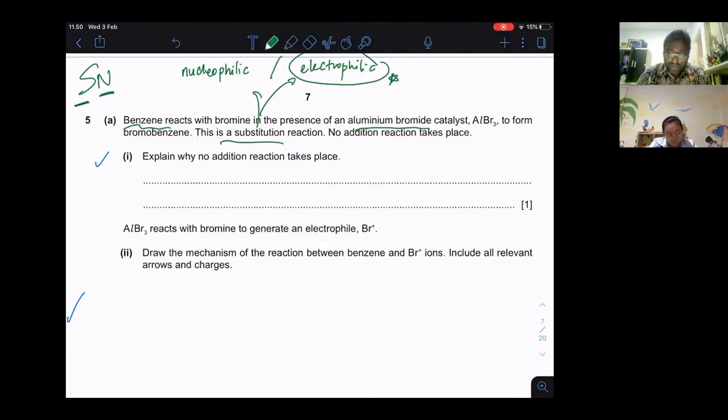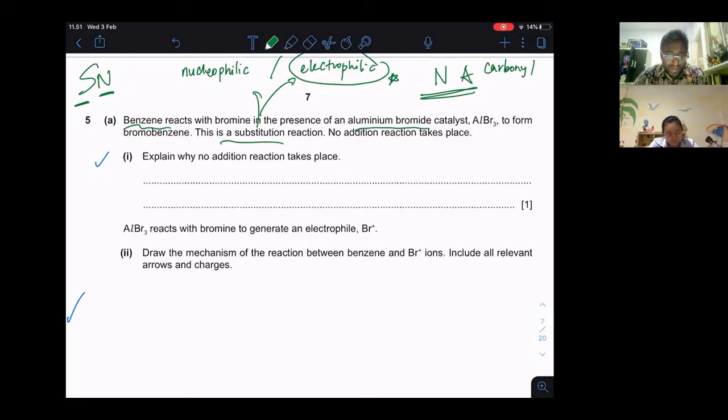Another one to remember is nucleophilic addition, which is for carbonyl compounds, aldehyde and ketone. Please revise more. Electrophilic addition is for double bonds. So Jody, the one you mentioned about double bond is electrophilic addition, while this one is electrophilic substitution.